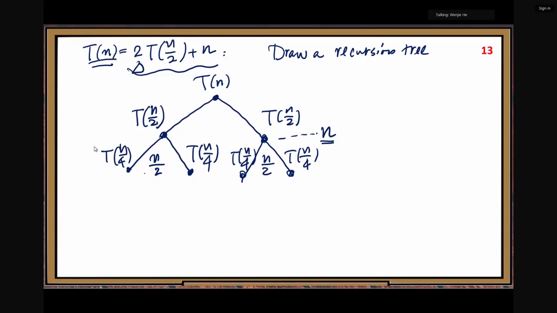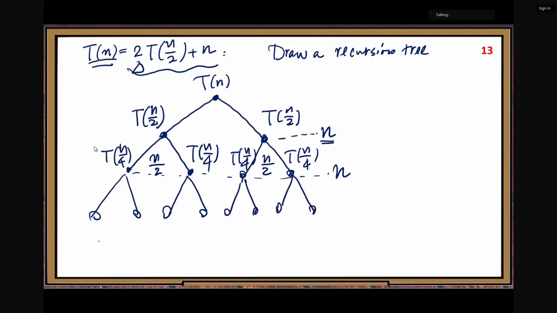But let's accumulate this level. The total non-recursion cost is still n. Can we go to another level, going down, split, all the way to the bottom? That is our recursion tree.